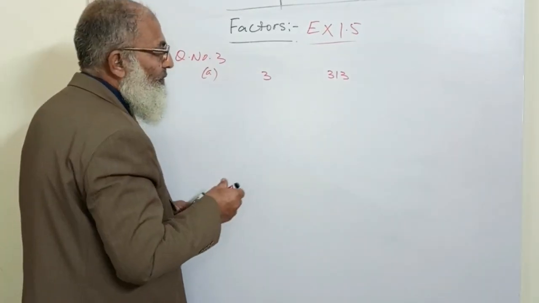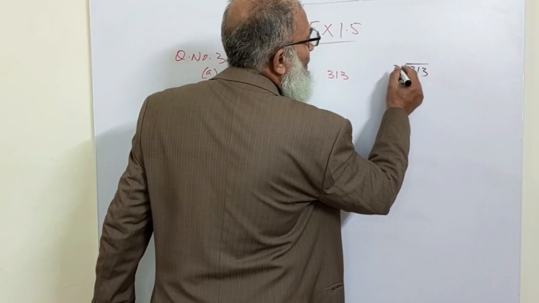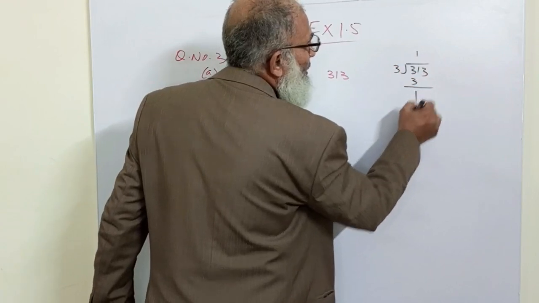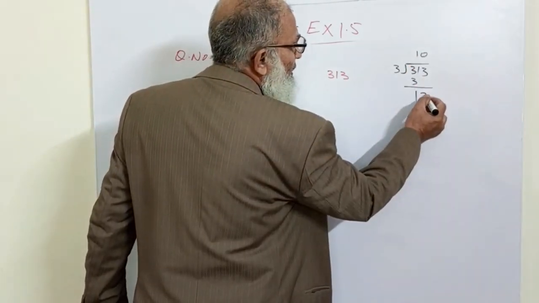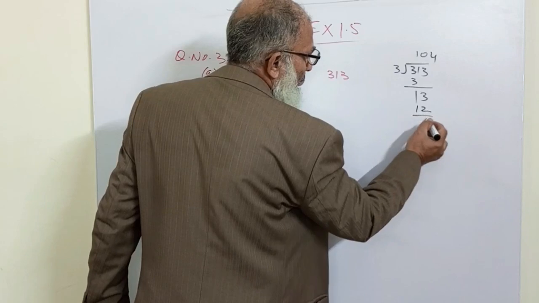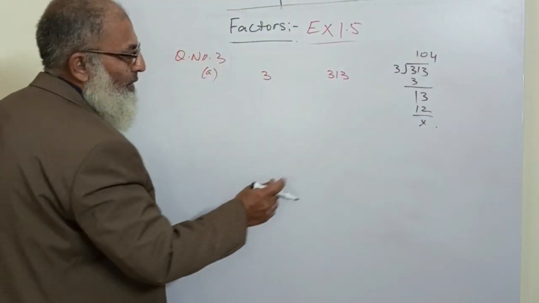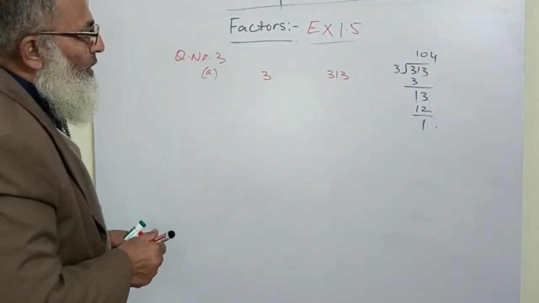You can check it from the division method. 3 into 3, 1 the 3. Bring 1 over here. You cannot divide. Put 0, 3 threes are 9, 3 and 4 are 12. 1 remainder is left over here.